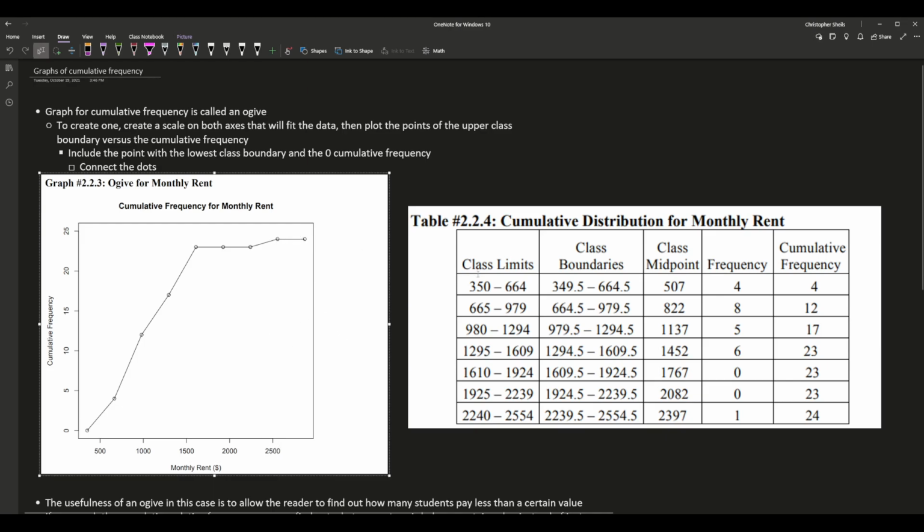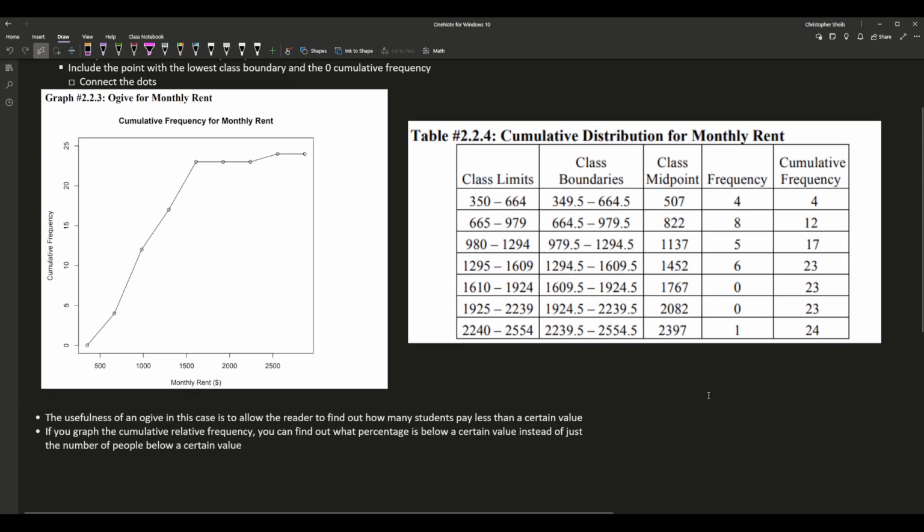So from here, we plot all of these upper class boundaries versus the cumulative frequency at each of these upper class boundaries, which you can again find from this chart.